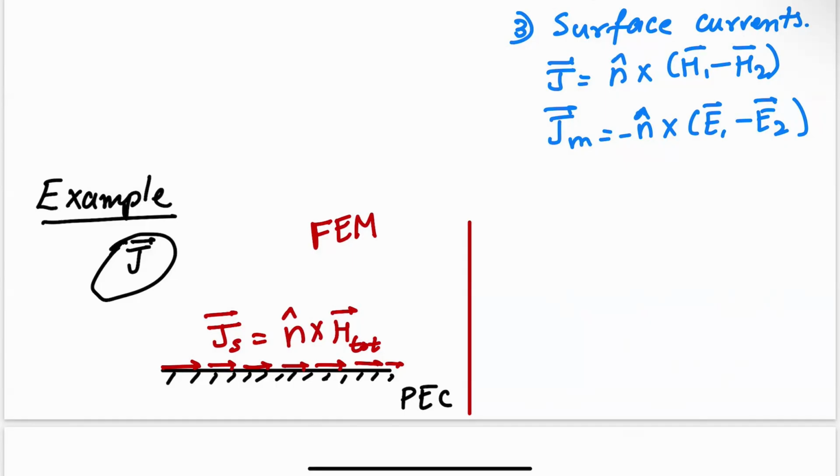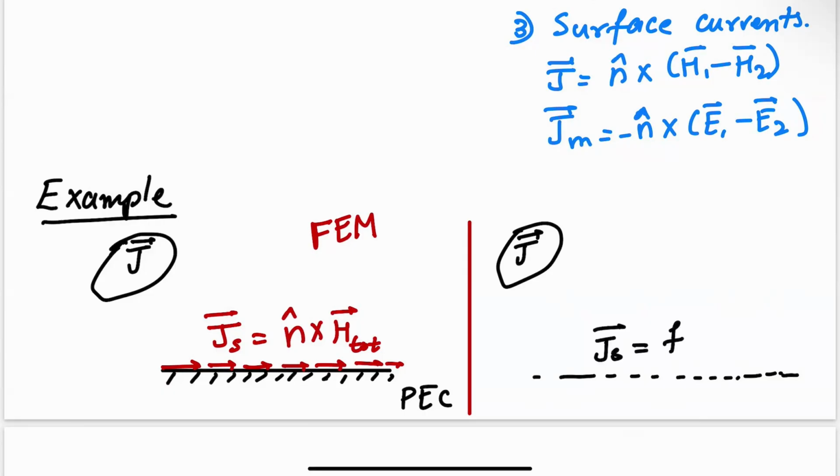Another way to solve this problem would be to say that I have this source, I have my PEC, but instead of placing the PEC there, what I can do is find this J_S as some function of the H incident. So you have some incident field, right?